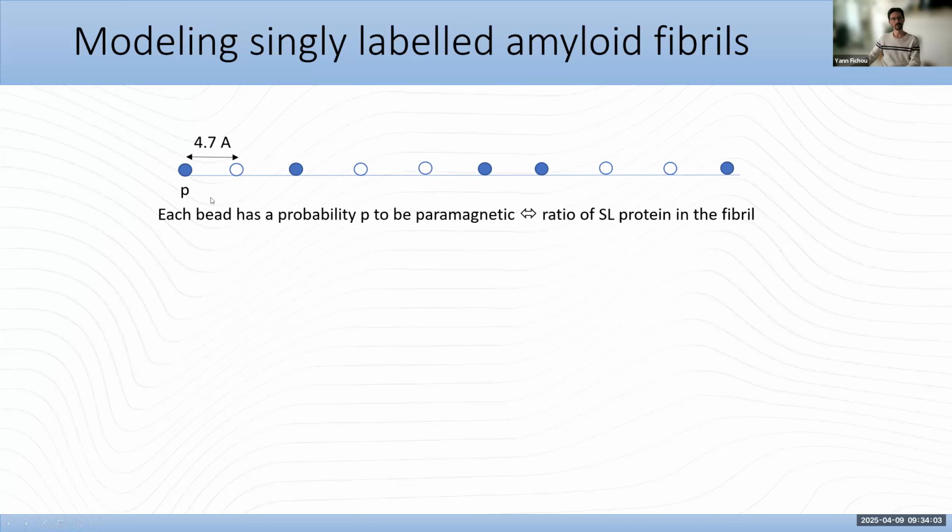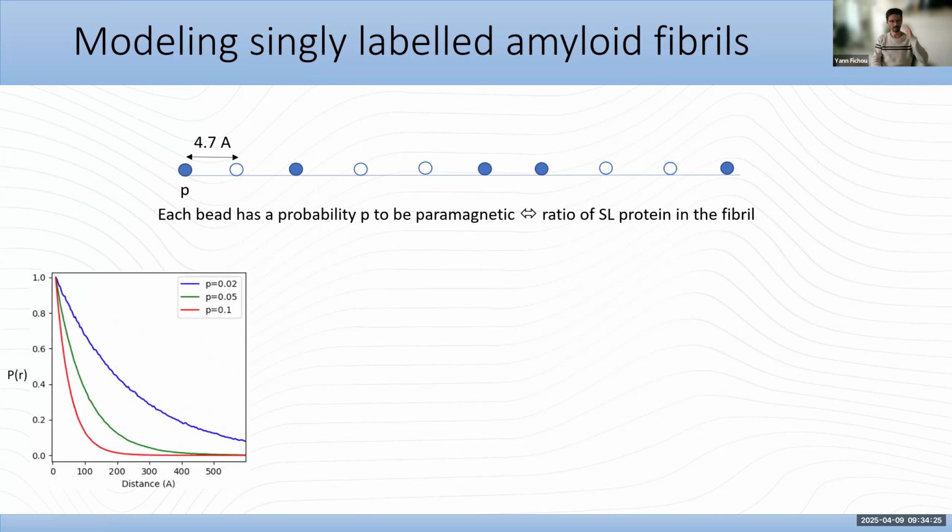From the experimental point of view, this is equivalent to changing the ratio of labeled to unlabeled protein that we have. So how many spins per unit of length do we have? That's the numerical simulation sketch here.